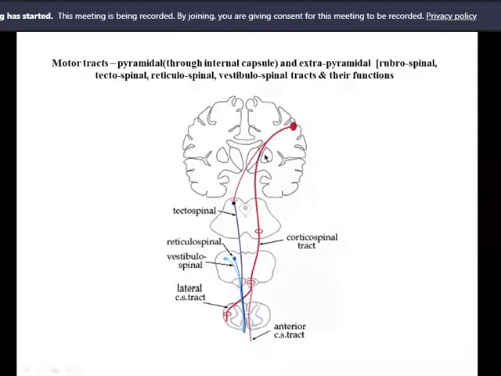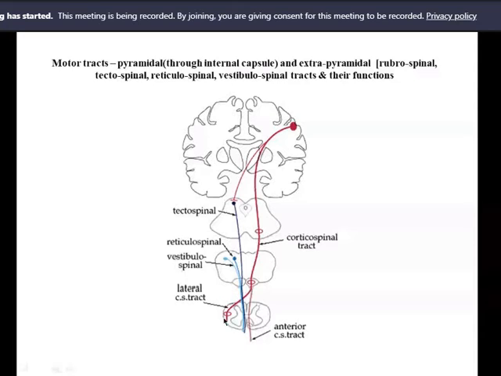If by chance there is a lesion, then the tract cannot work, and as the tract is going to the contralateral side of the body, if the lesion occurs here, then the opposite side of the body suffers from hypotonia, and work cannot be done, motor function is off, and that is called hemiplegia.